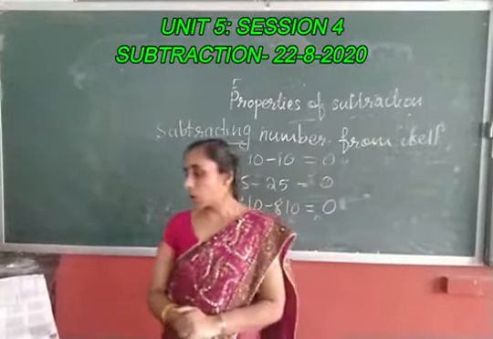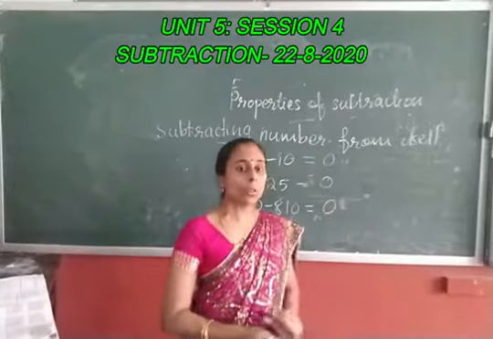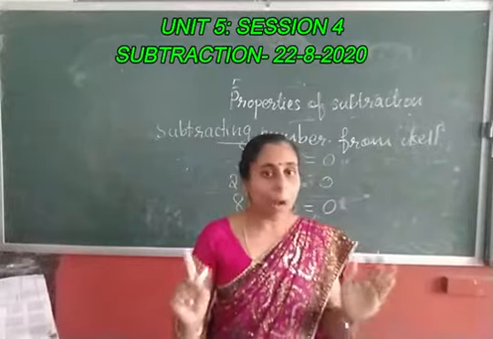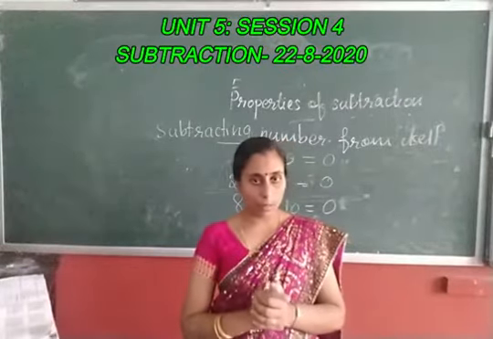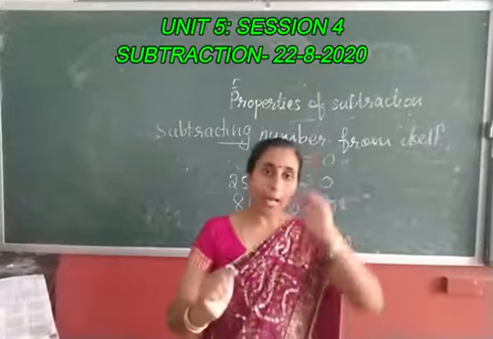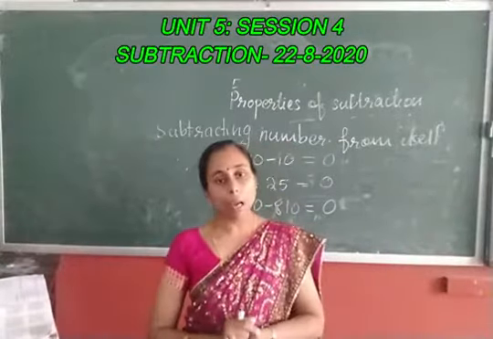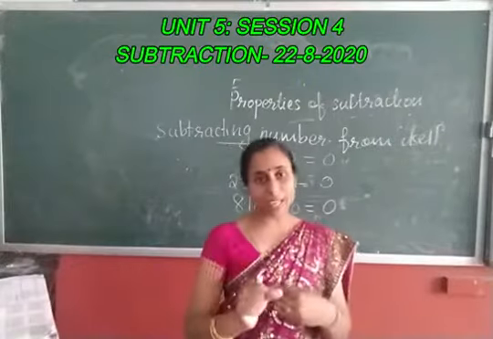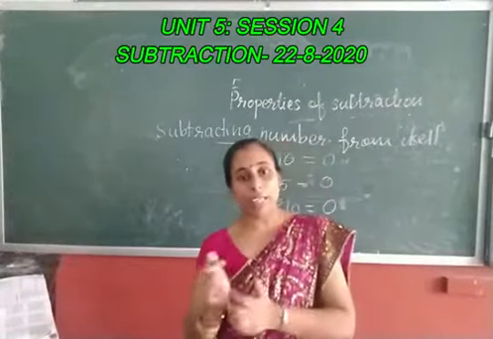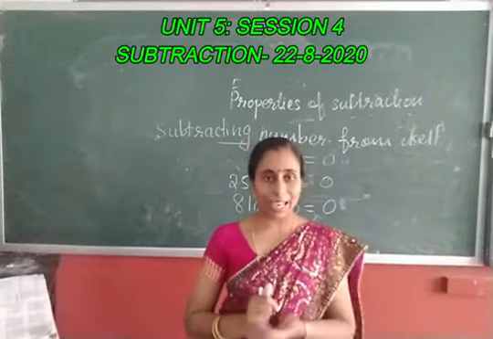Next one, order of numbers. I have already told you that we cannot change the order of the numbers. Always we write the smaller number down and the bigger number up. First we write the minuend, then we write the subtrahend.